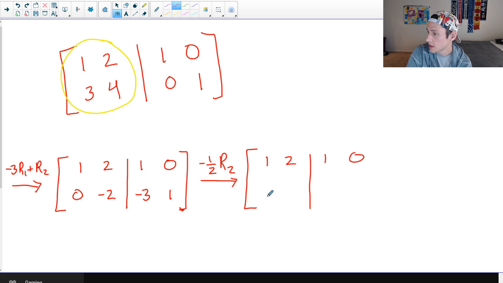0 times negative 1/2 is 0. Negative 2 times negative 1/2 is 1. Negative 3 times negative 1/2 is 3/2. 1 times negative 1/2 is negative 1/2.